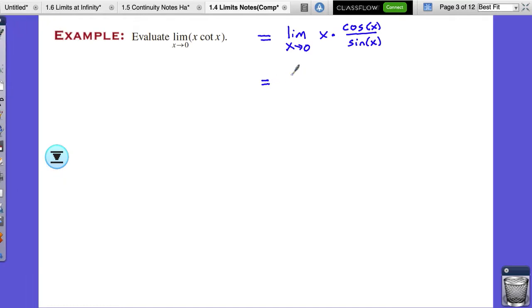If we do a little bit of manipulation, we can turn this into the limit of cosine times x over sine x. Since we're multiplying two fractions, I can switch the numerator and the denominator. We still have something, because if I multiply it back together, I'd still have the exact same thing.